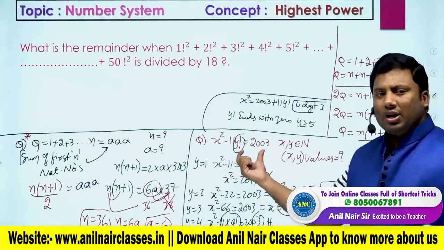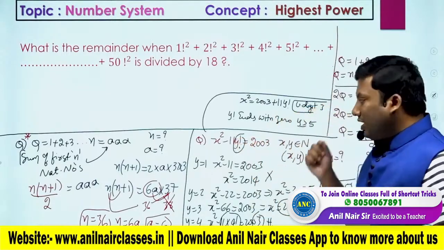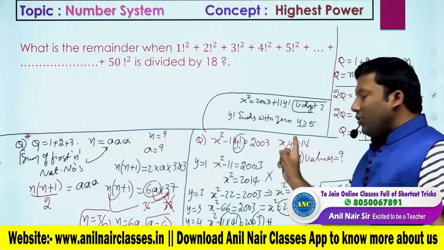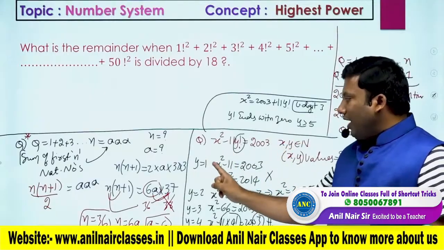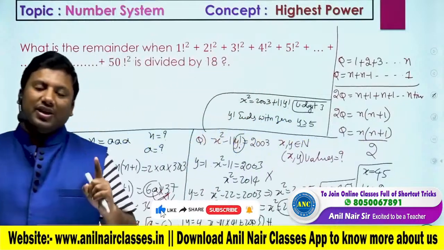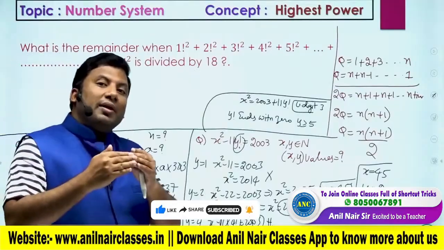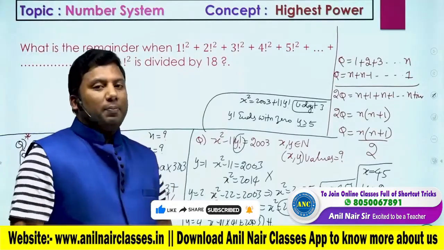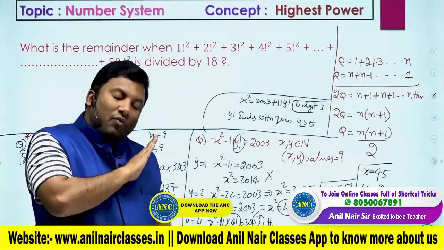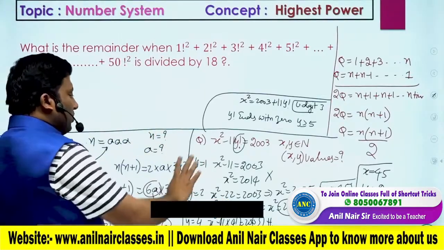Very, very good question. It seems like a difficult question, but actually it's an easy question if you understand. X and y are natural numbers. Y value 1: x square minus 11 is 2003, x square is 2014. 14 is 4 into 3 plus 2. A perfect square, when divided by 4, can never give a remainder 2. First option out.